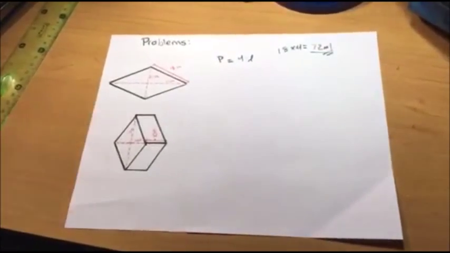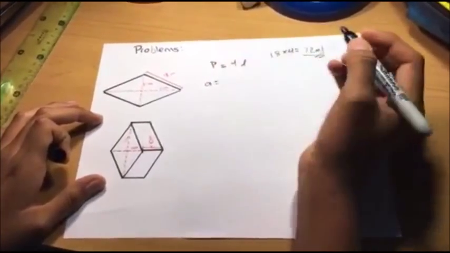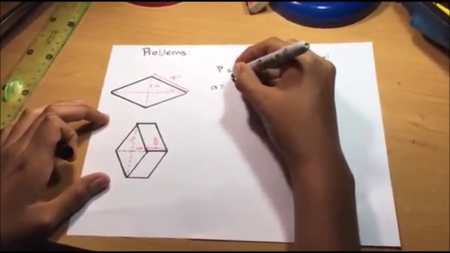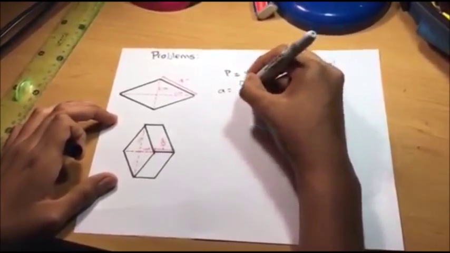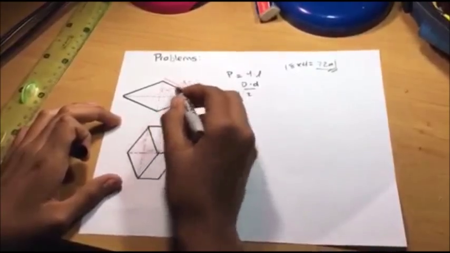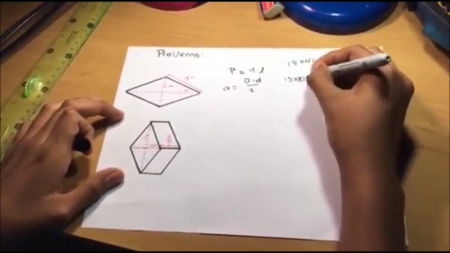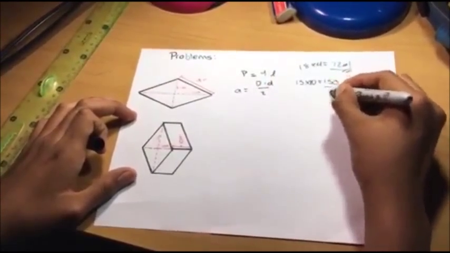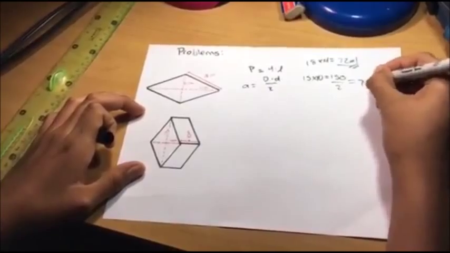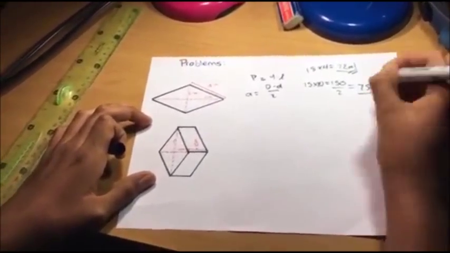Now for the area, it's going to be A equals the bigger diagonal by the smallest diagonal between 2, and this is going to be 15 by 10, that is 150 over 2, that is 75 square meters. So that is our area.